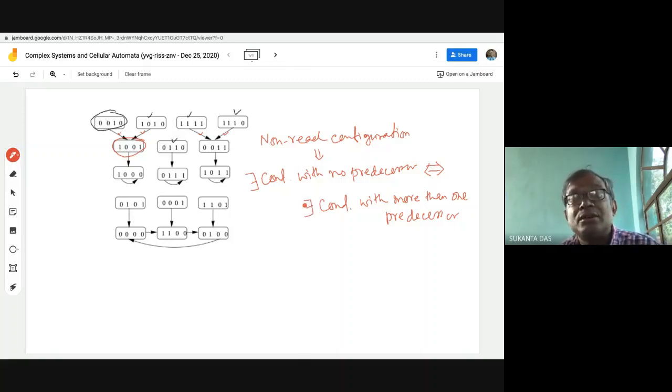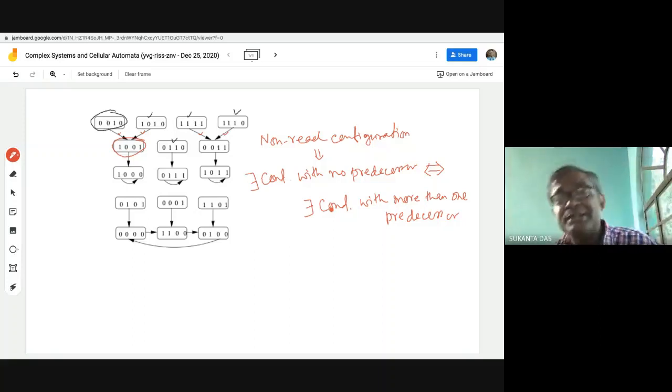This is a special property of finite CA. In the case of infinite CA, it is not always true. For example, ECA 30. In ECA 30, there exists no configuration which has no predecessor, meaning each configuration has at least one predecessor.